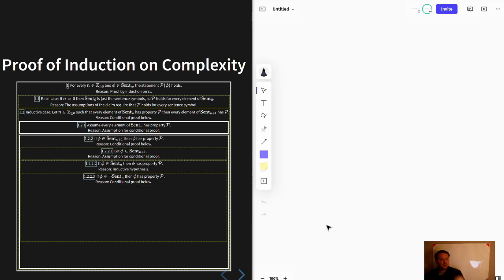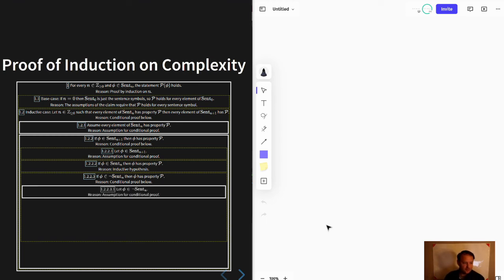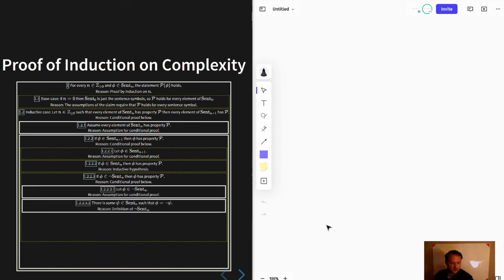Now consider the next case where phi is in negation sent n. Then we're going to claim that, therefore, phi has property P. So that's going to be a conditional proof. So we assume that phi is in negation sent n.